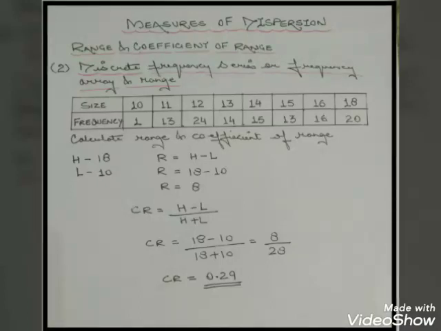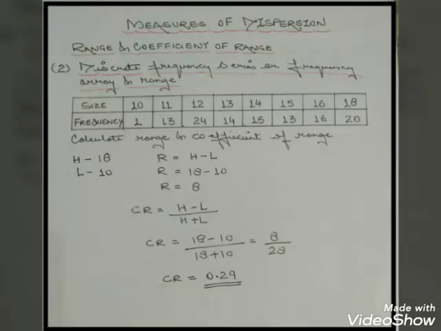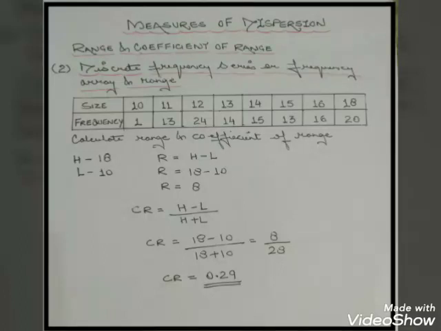So 18 minus 10 comes to 8, and 18 plus 10 comes to 28. If you divide 8 by 28, your coefficient of range is 0.29. So this is how you can calculate range and coefficient of range by discrete frequency series.